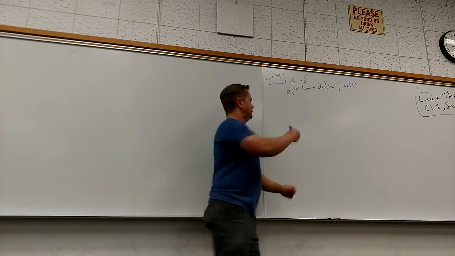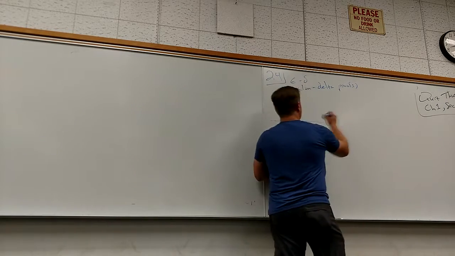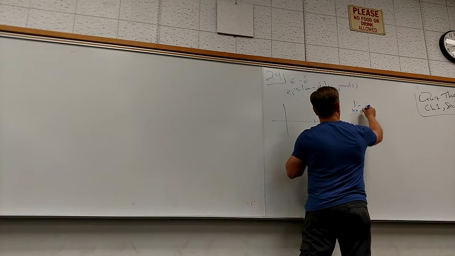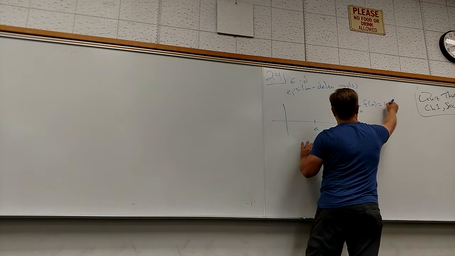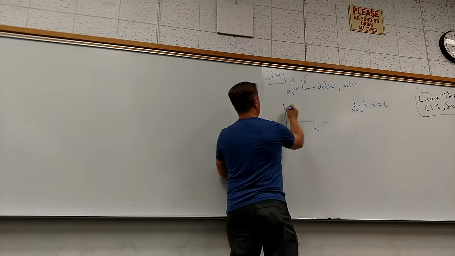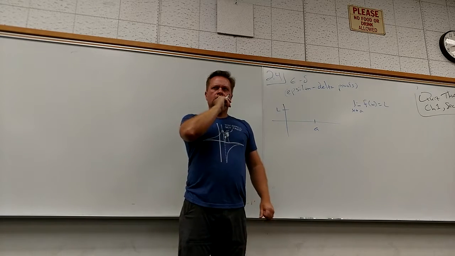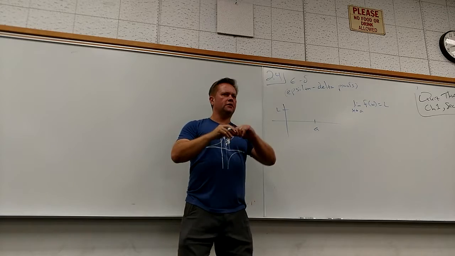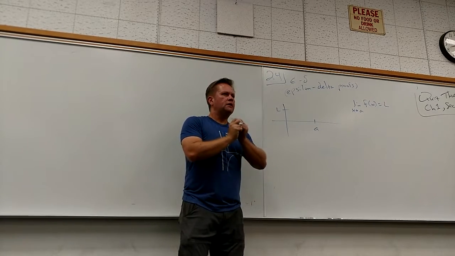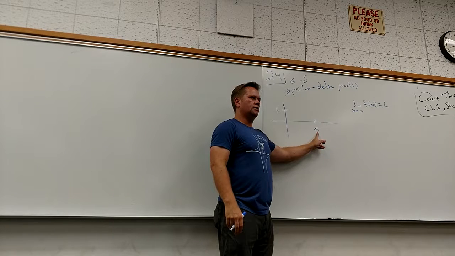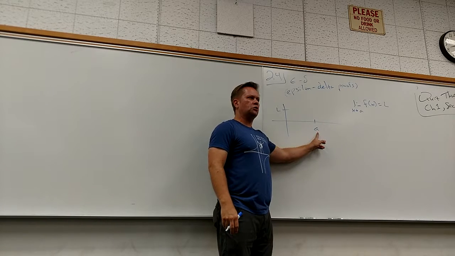So, if a function has a limit at an input, and it exists, this is almost going to be a little bit silly. What's that mean if I get really close to A? What do the outputs eventually have to do?